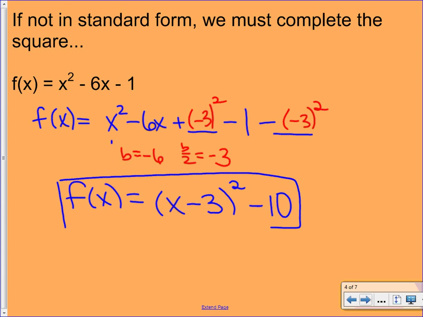Now, this looks like standard form. Before we move on, are there any questions? Okay, where?